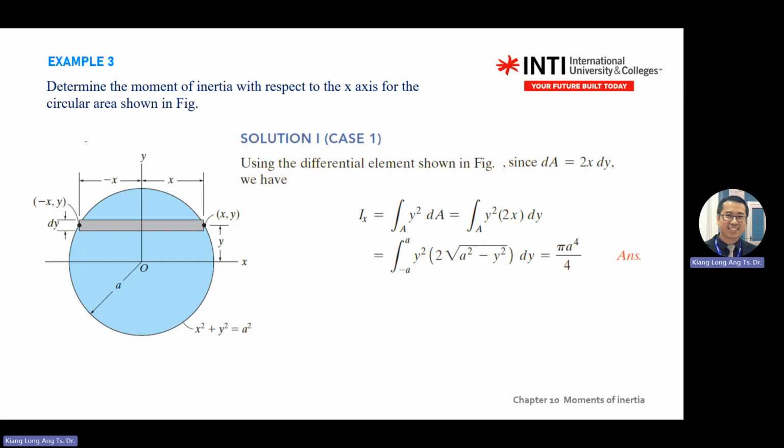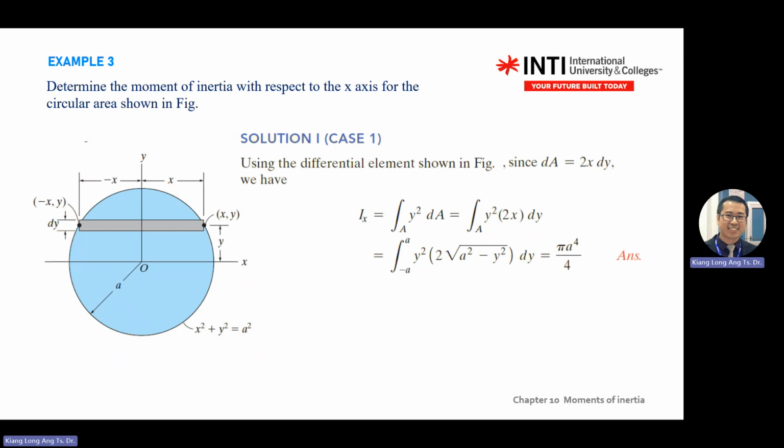If the question asks with respect to the x-axis and y-axis, then you need to repeat this. You need to write Iy equal to the integral of x squared dA. Then you calculate Iy. If the question asks you for the polar moment of inertia, you take Ix plus Iy.